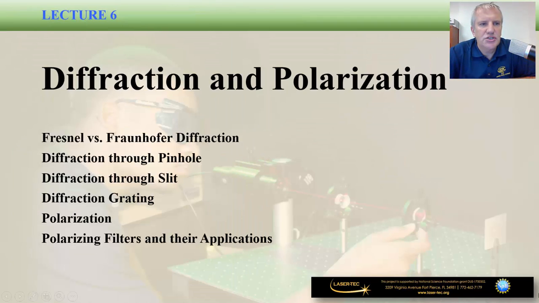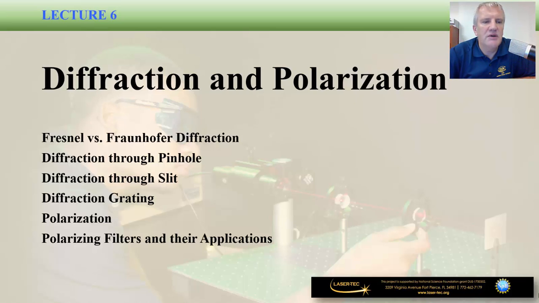In this 6th lecture in our series of lectures, we have introduced a few important concepts that are related to the diffraction and polarization. We talked about the difference between the Fresnel and Fraunhofer diffraction. We have given a formula that defines the position of the Fraunhofer or far field diffraction. Then we analyzed a few different types of diffraction patterns produced through a pinhole, a slit, rectangular aperture, and finally diffraction grating.